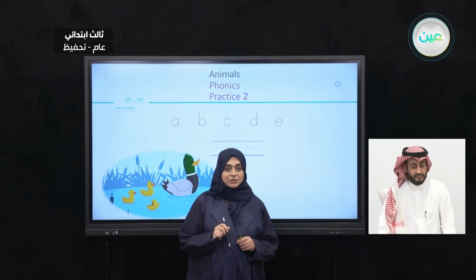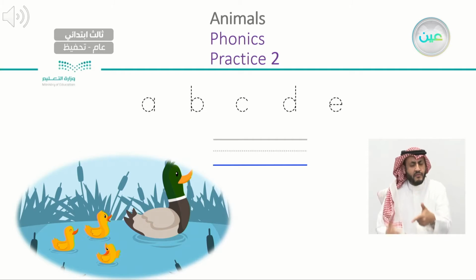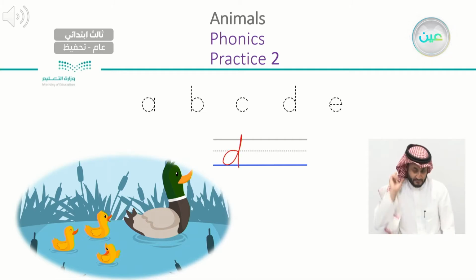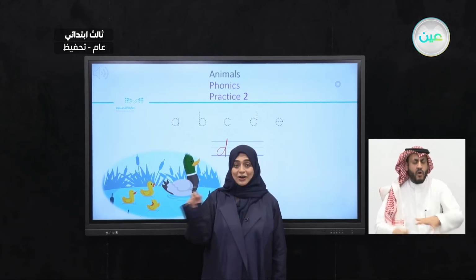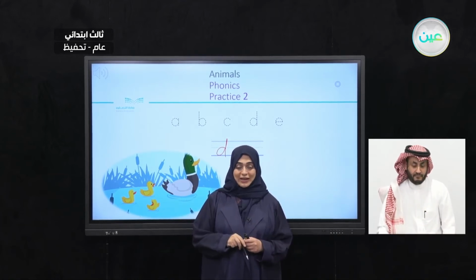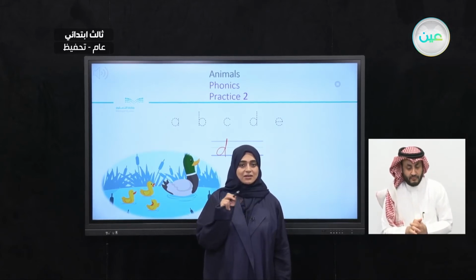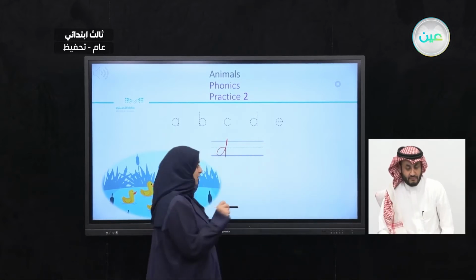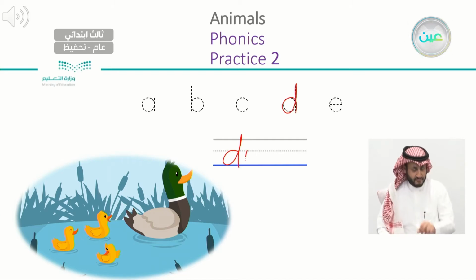Now, the first sound is D. Let's write the first sound, D. And since today's lesson is going to be reviewing the entire alphabet, today we are going to write the whole word. Okay, so the first sound is D, and then the rest is duck. We have a U. K, k. CK makes the K sound.